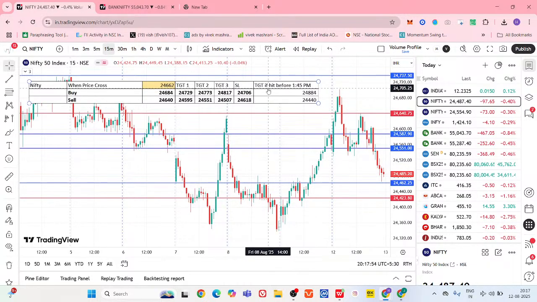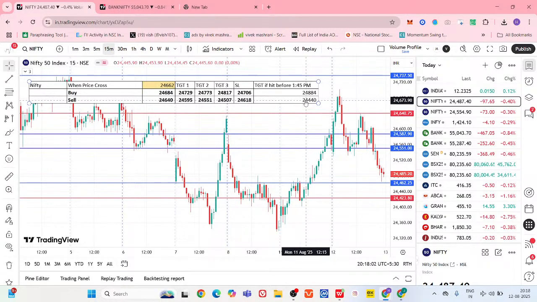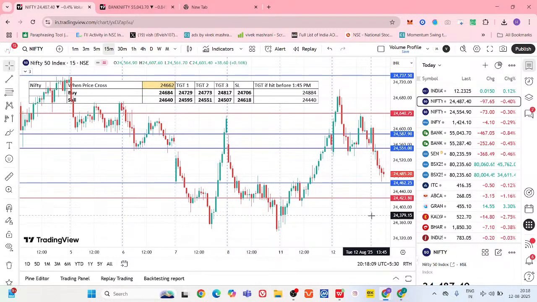But if the target hits before 1:45 or 2 o'clock, then I would expect it to go much further to the third, fourth, fifth target also, which could have been 350. Okay, this is the thing.